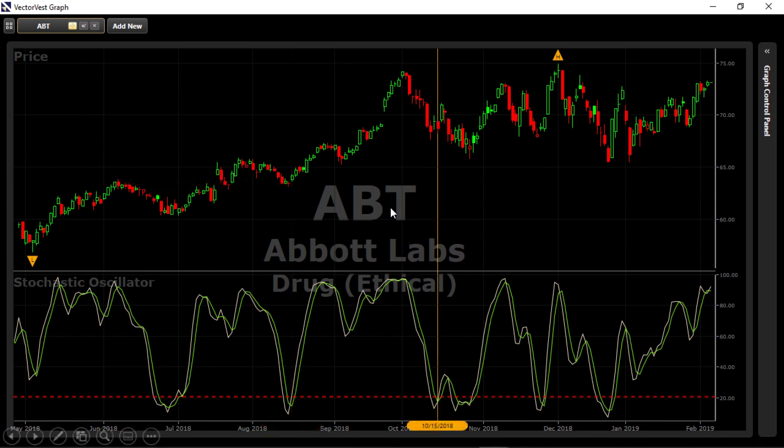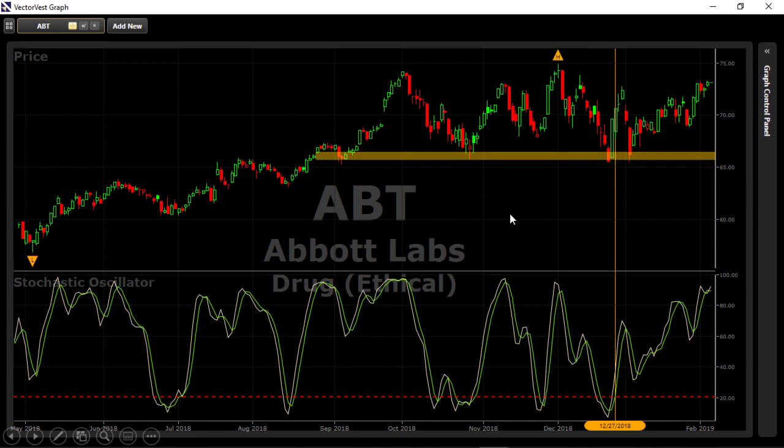Okay? Now there are going to be times where stochastics goes from below 20 to above 20 off of a higher low, and then the stock breaks down immediately, falls below the swing low, and you get out of the trade. Always prepare to get back in. Okay?